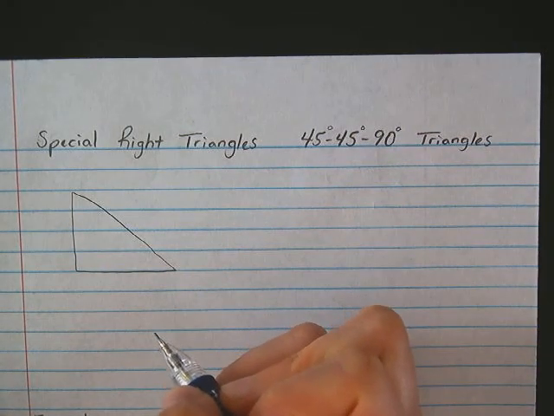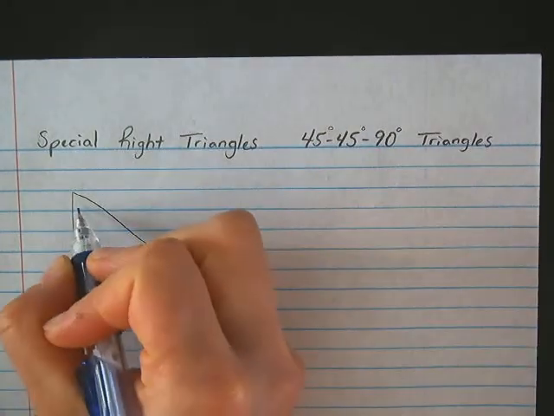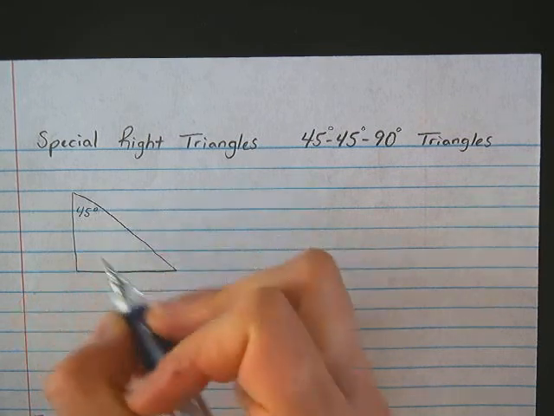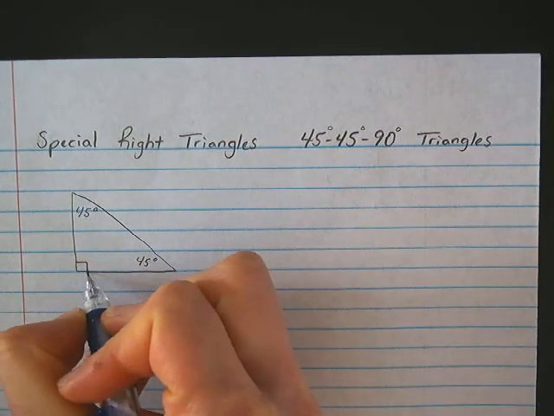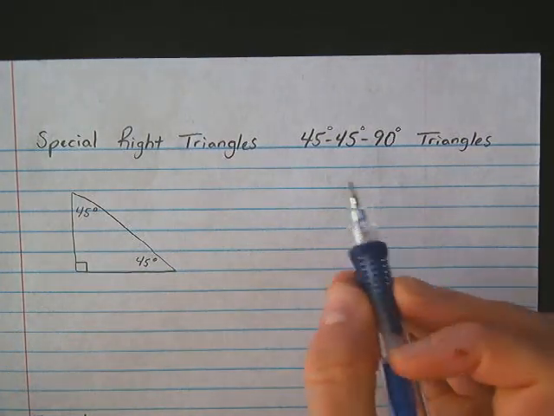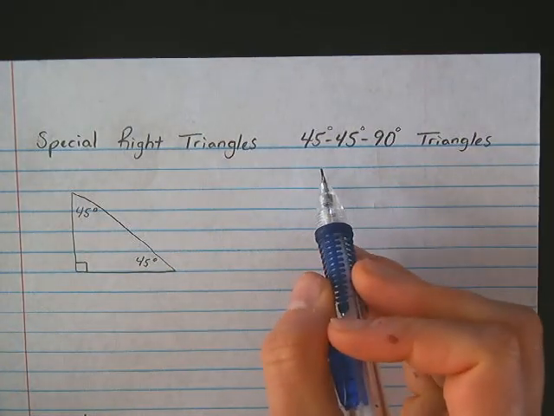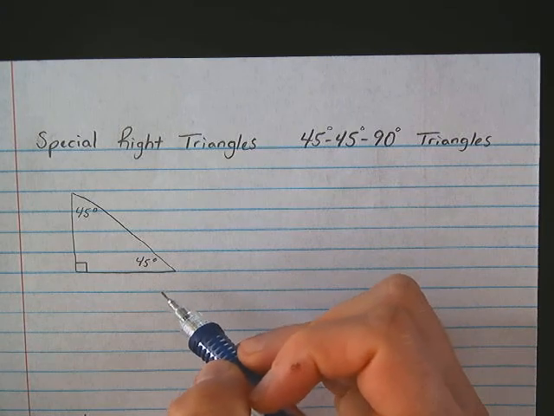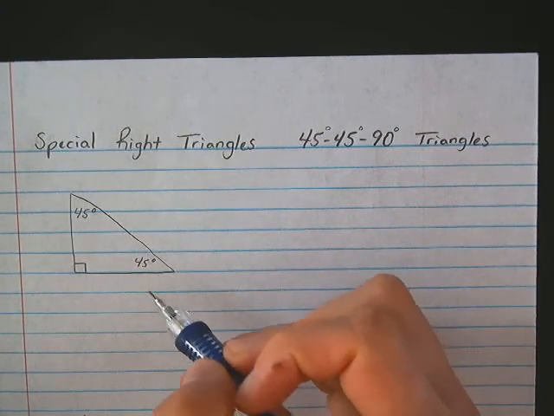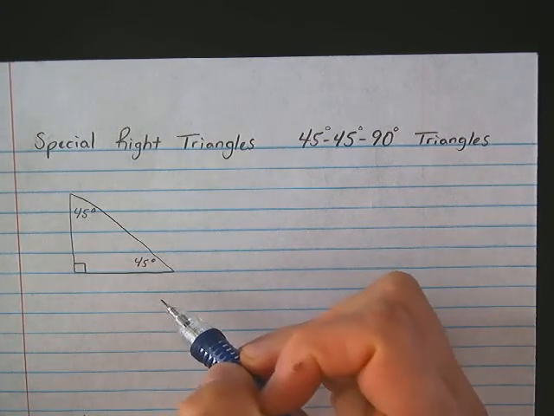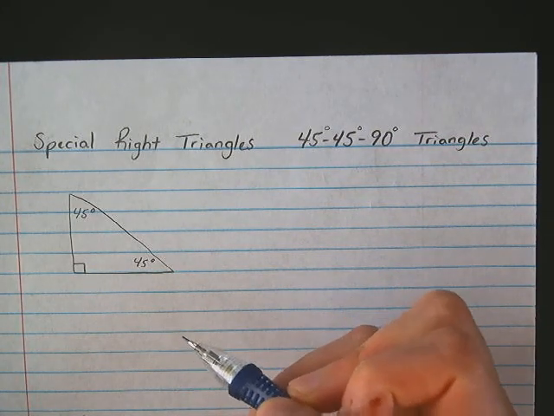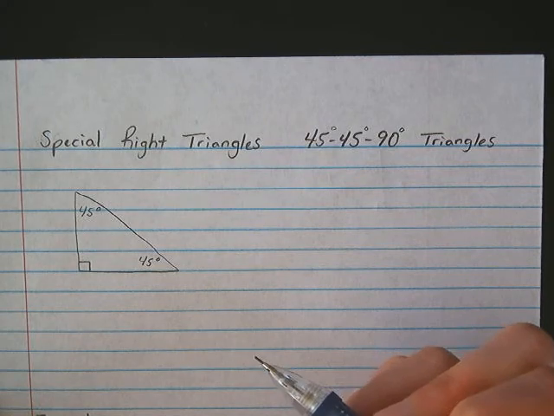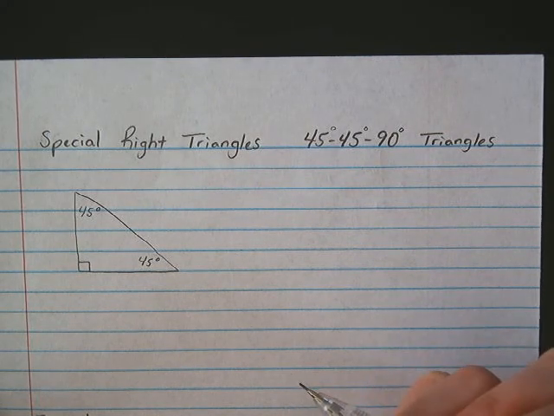So a 45-45-90 will have a 45-degree angle, a 45-degree angle, and then a 90-degree angle. Okay, and so this is actually a special type of right triangle because there are some properties that are very specific to that triangle. Okay, so we're going to learn about those properties and then we're going to learn how to use those to help us solve for different sides of that triangle.